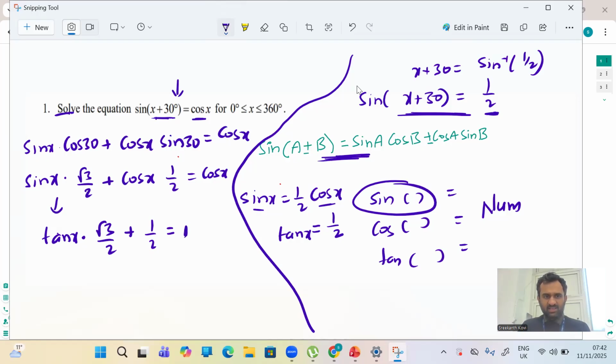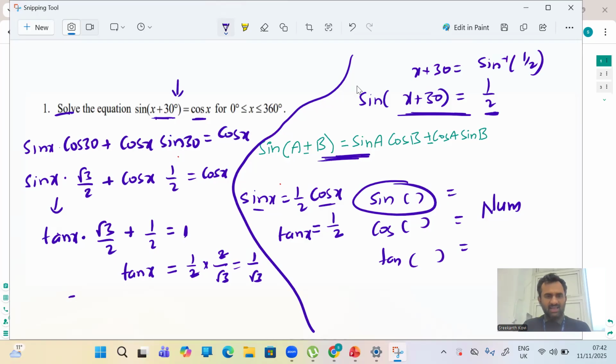If you rearrange the equation, tan x is equal to 1 minus half is half, and you divide by root 3 by 2. This simplification, I'm doing it quickly. You can do whatever way you prefer to do. It becomes times 2 by root 3, and this is 1 divided by root 3. So then you get the values for tan x.